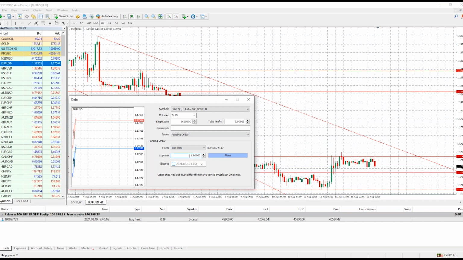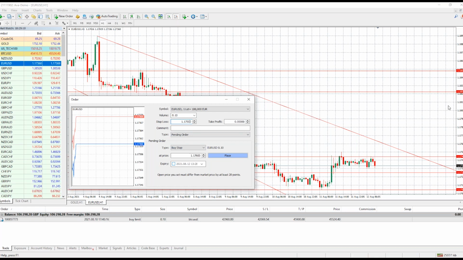So 1.1760. And then if we put the stop loss, let's say 10 pips down to get back below this level, stop loss 10 pips risk, 1.1750. And our take profit somewhere before this resistance level up here.